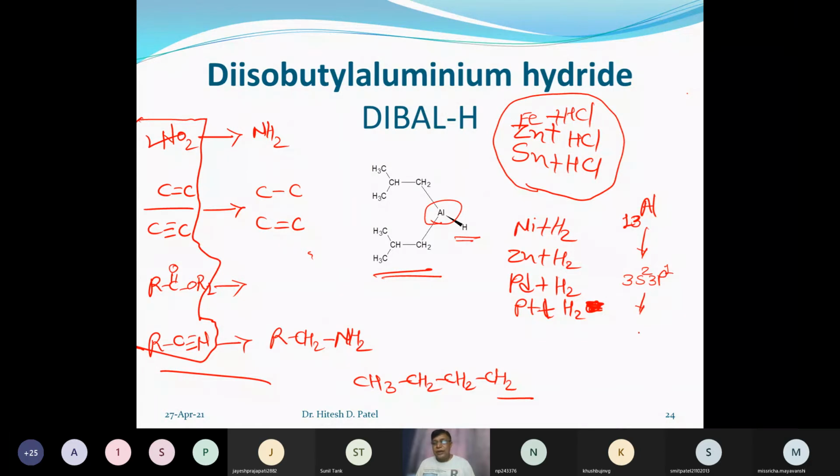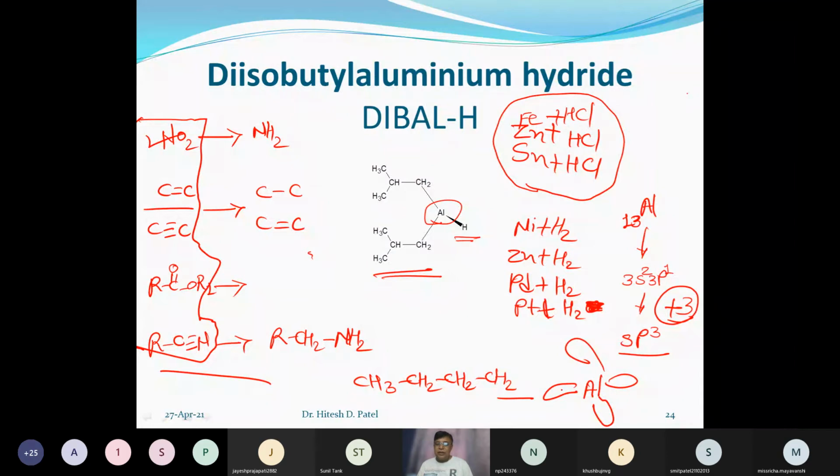So aluminum has sp3 hybridization, but the valency of Al is plus 3 only. Hybridization is sp3, so it has 4 orbitals: 1, 2, 3 and 4.